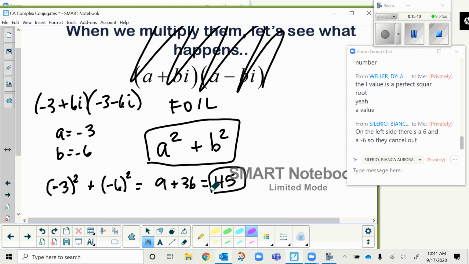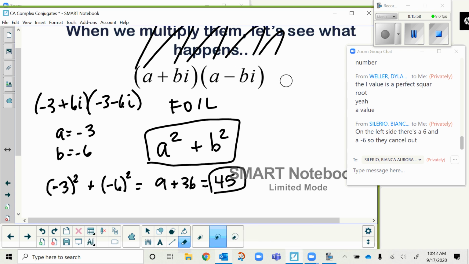What this shortcut does is bypass the step where the two middle terms canceled out. Remember, we had a negative 18i and a positive 18i? This shortcut just skips all that altogether. And this shortcut, though, is only for complex conjugates. It's like just a magic thing for this particular situation.